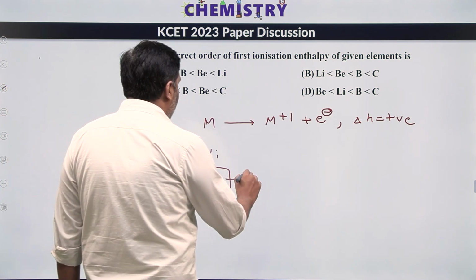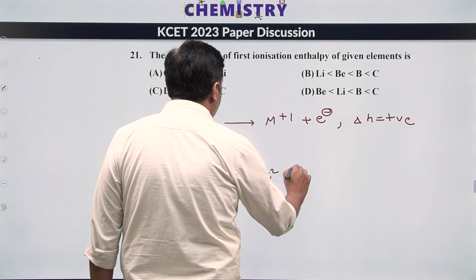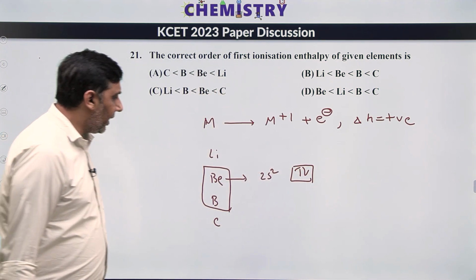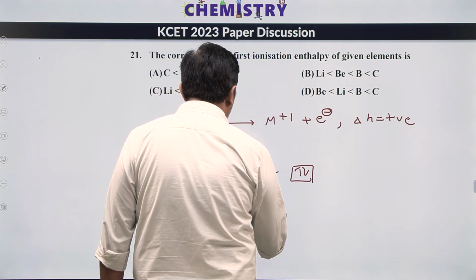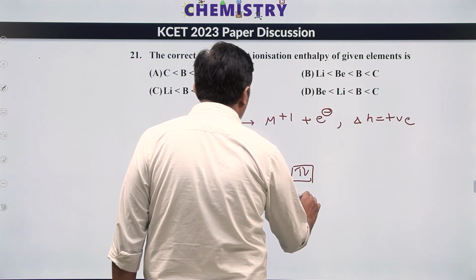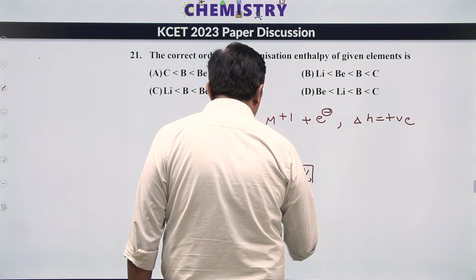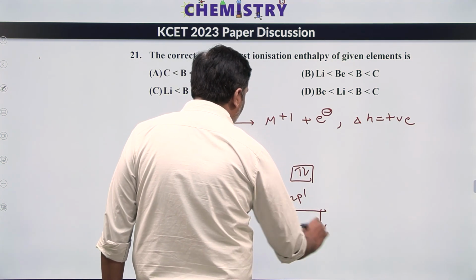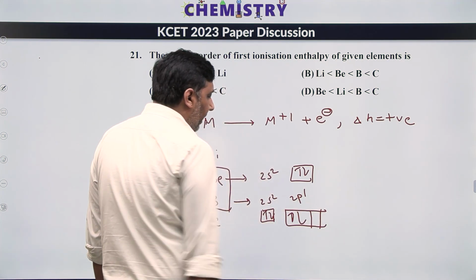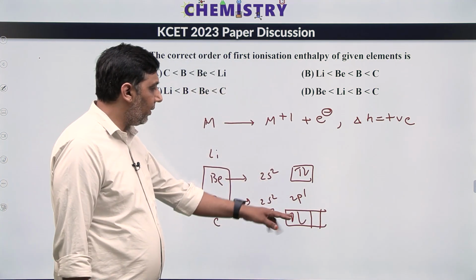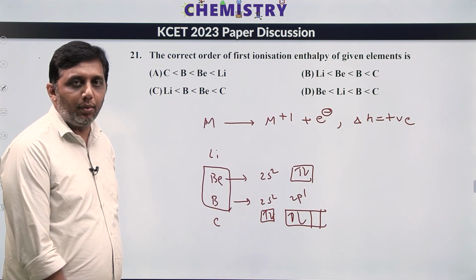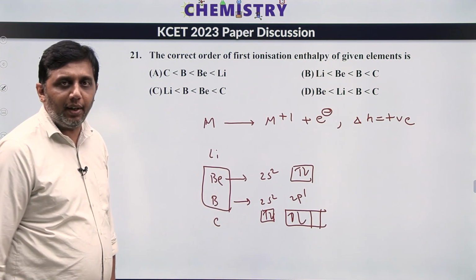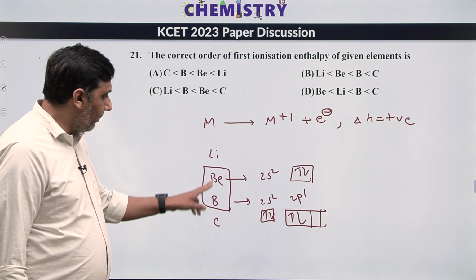The electronic configuration of beryllium is 2s2, a completely filled 2s subshell, whereas for boron it is 2s2 2p1, a filled 2s orbital and one unpaired electron in the 2p orbital. Removing the electron from 2p is very easy compared to 2s. So boron will have lesser ionization enthalpy than beryllium.